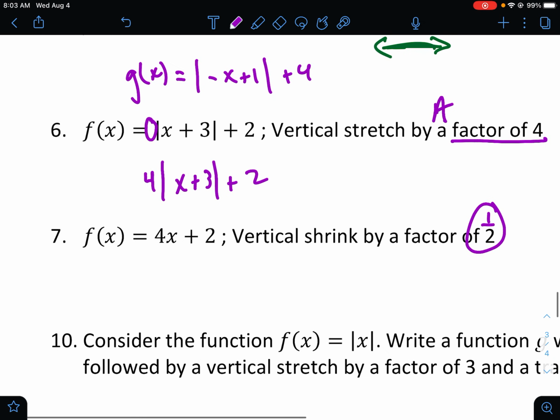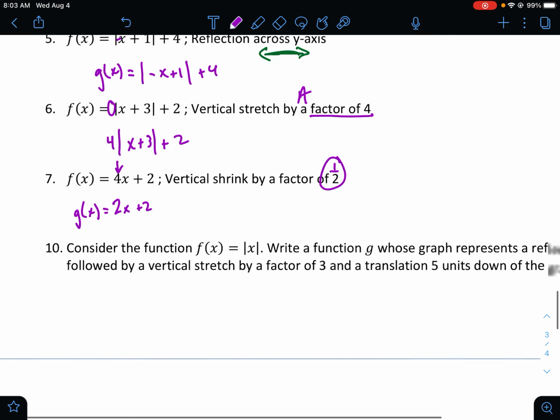So that should be 1/2. So all we need to do here is take this out front and multiply it by 1/2. So it would be 2x plus 2 would be our new function. Okay.